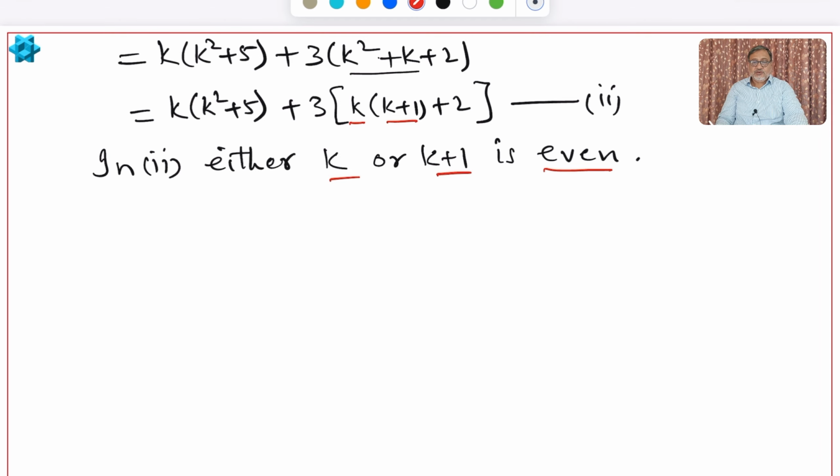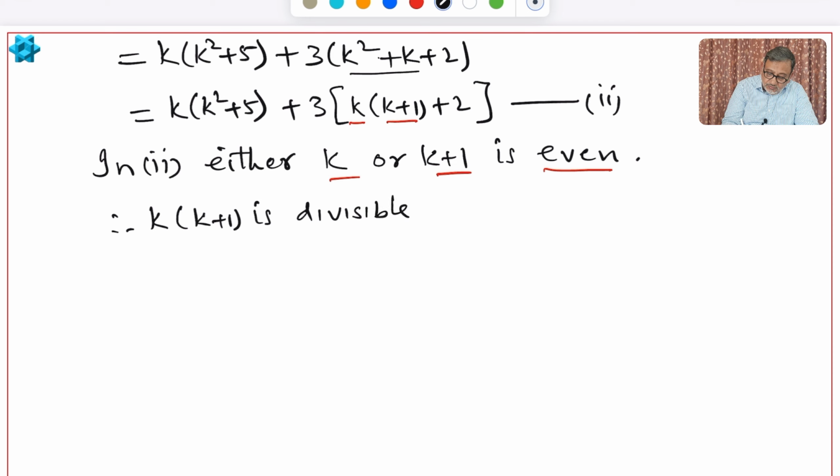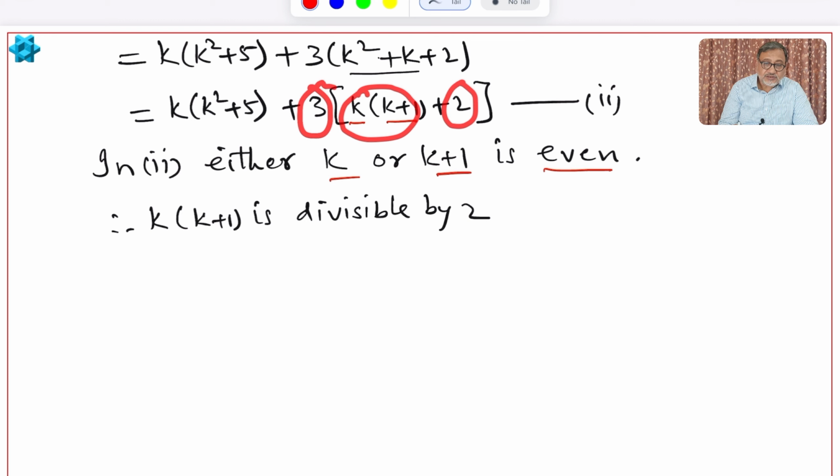So even plus 2 will be some even number multiplied by 3 will be 6, and therefore it will be divisible by 2. So therefore k into (k+1) is divisible by 2. Now this is divisible by 2, this is also divisible by 2, so the whole thing is divisible by 6, isn't it? We can write like that.